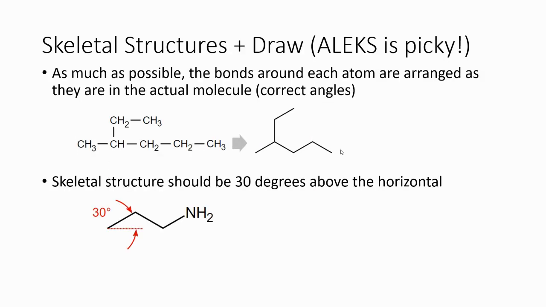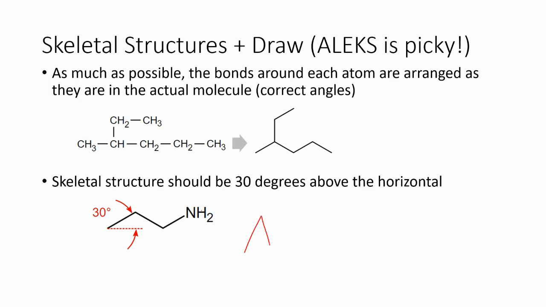Questions on that? All right, so some of the things that you have to do in the homework is draw these chemical structures, and ALEKS is really picky. So these are some things that will help you when you're drawing bonds in ALEKS. ALEKS really cares that you have this 30-degree angle from the horizon for your carbon chain.